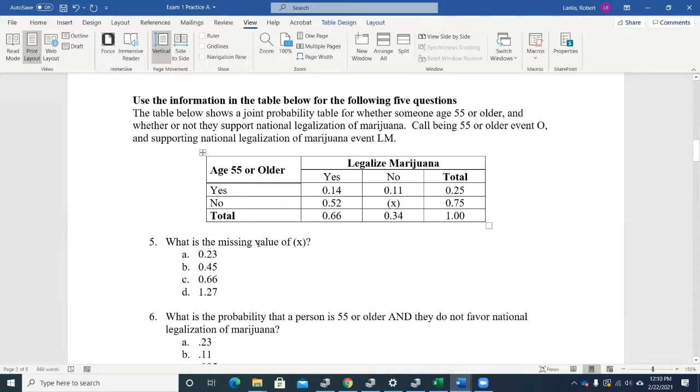So what would the missing value of X be in this contingency table? Well, first of all, which of these can I rule out right away? If I'm looking for a probability, yeah, 1.27. I can't see anything outside the range of 0 to 1. So right away, I now have a 1 in 3 shot if I'm just guessing, just from remembering that principle.